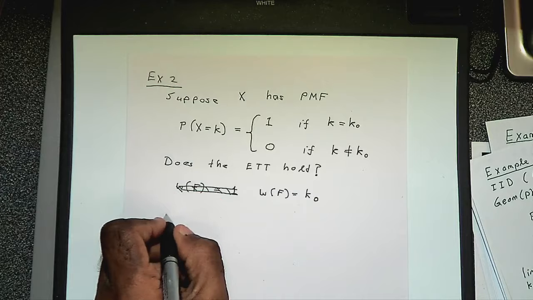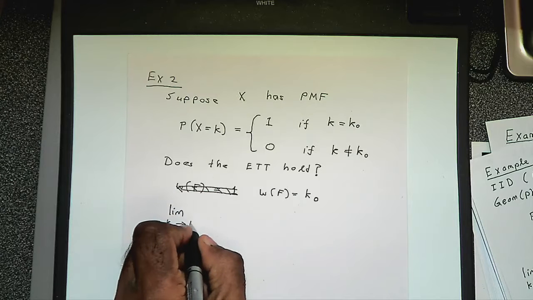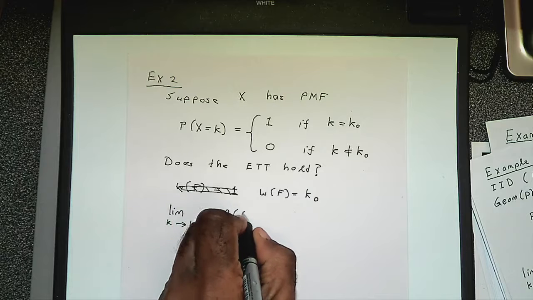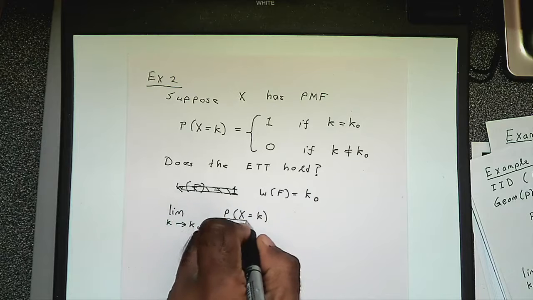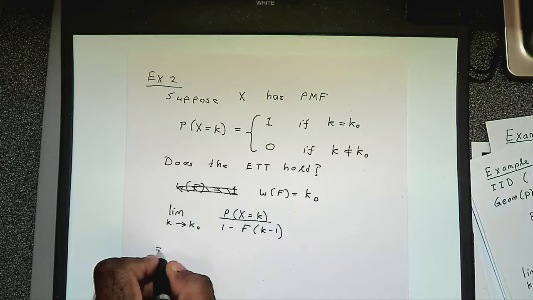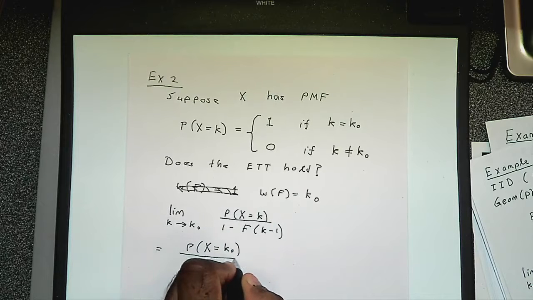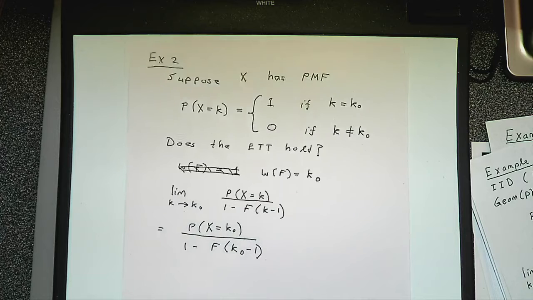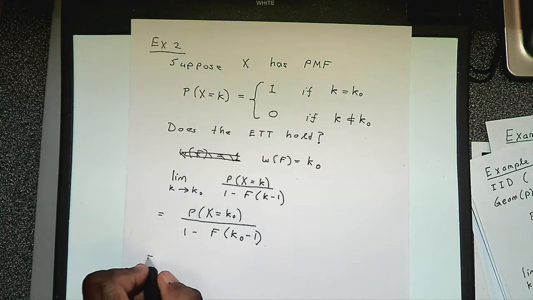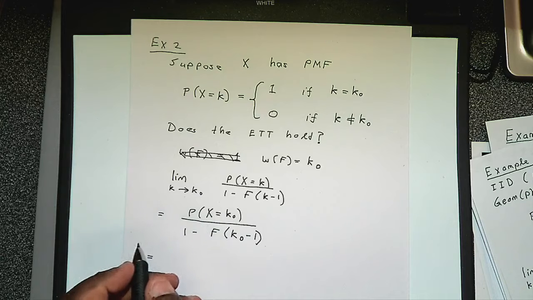So this is going to be the limit, and this is going to be the probability that X equal to k0. The probability that X equal to k0 is 1, right?